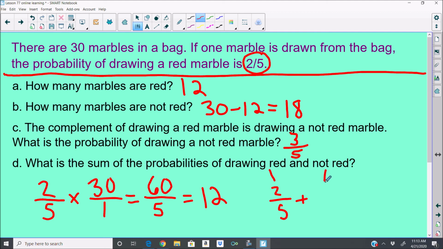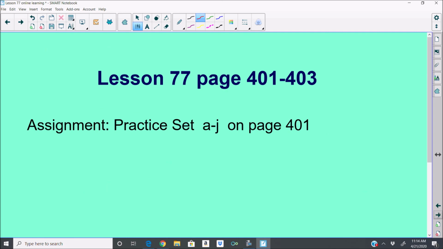And the not red marble, which we just figured out, which is 3/5. The sum of that is 5/5 or 1. And remember from our lesson on probability, the complement plus the probability always equals 1. A lot of information we can figure just from that one sentence.